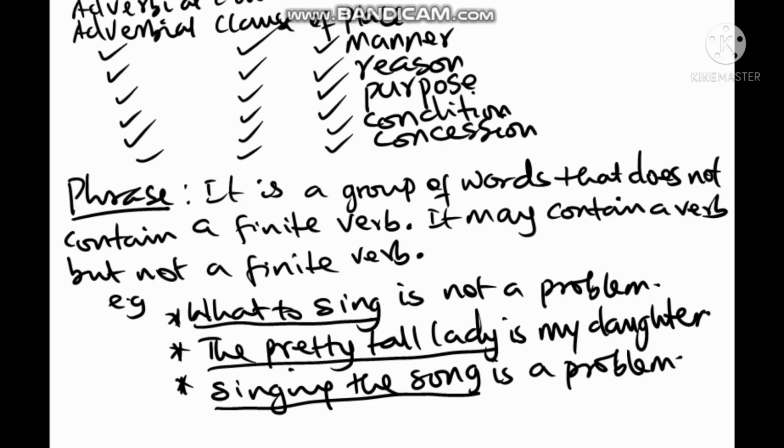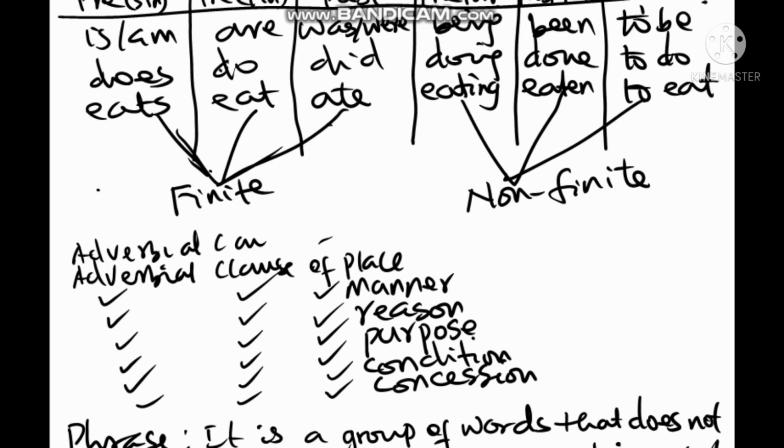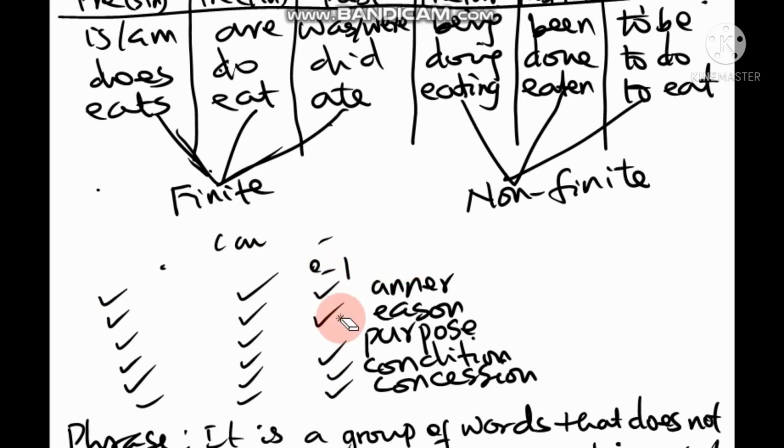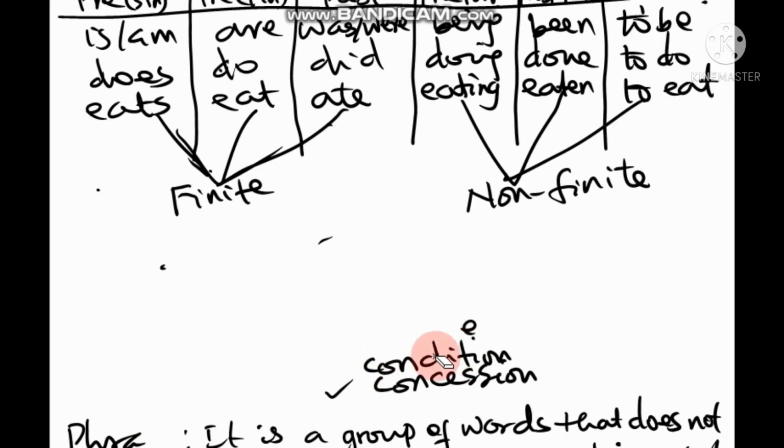So, a finite verb is any verb you can put in your present tense singular, present tense plural, and past tense. While your non-finite verb is a verb you can put in your present participle, past participle, and infinitive.